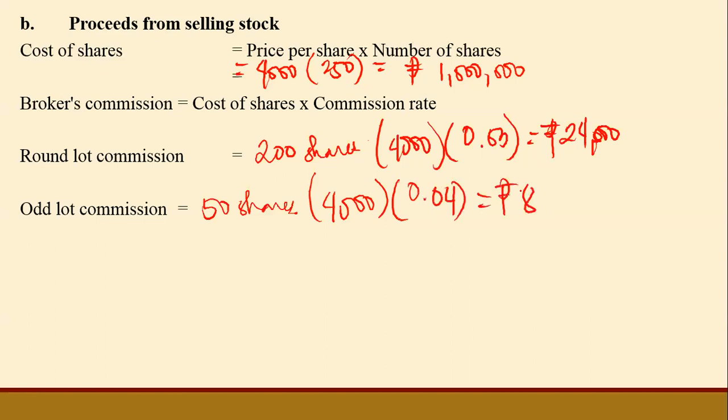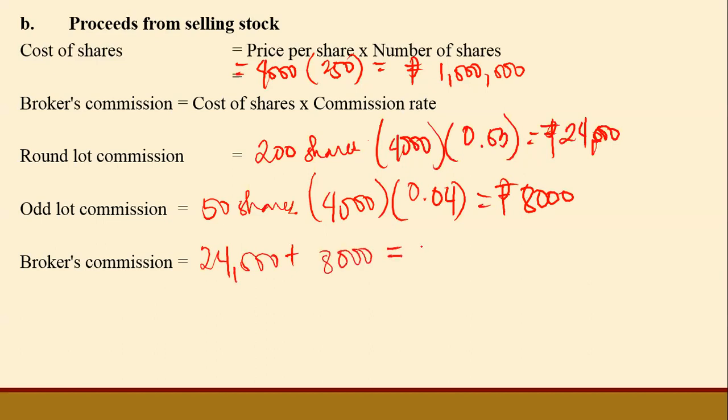So this is equal to 8,000 pesos. And for the broker's commission, we just add the round lot and odd lot commission. So 24,000 plus 8,000 is equal to 32,000 pesos.